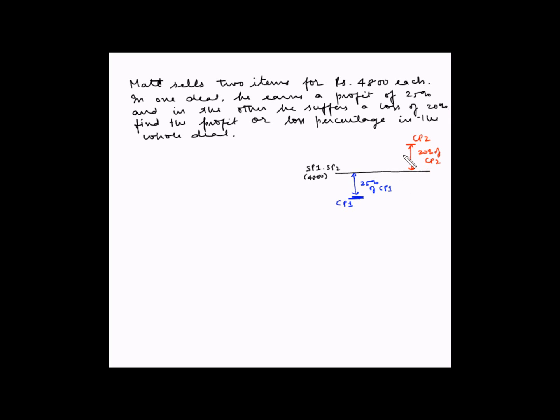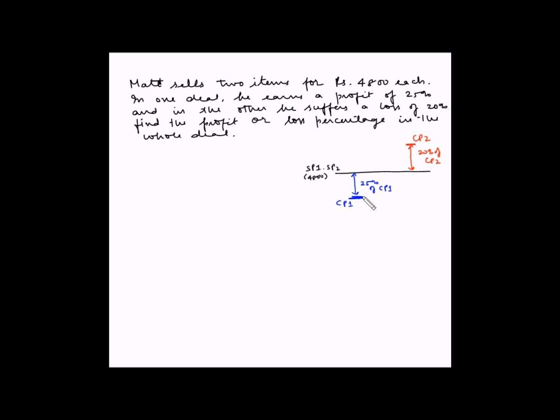However, if the loss or the 20% of CP2 is bigger than the profit, that is 25% of CP1, then overall in the whole deal we'll have an overall loss. Whereas if 25% of CP1 is bigger than 20% of CP2, then in that case we'll have an overall profit.